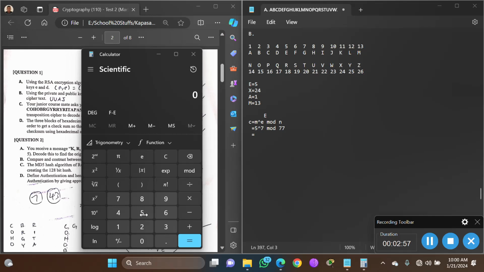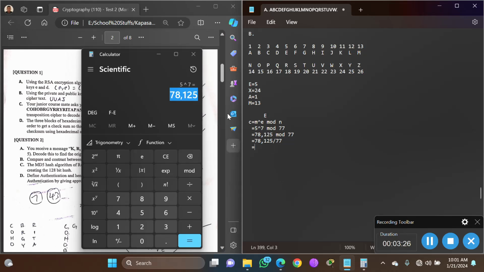So we have 5 power 7, and that's the answer. Then we say mod 77. Mod is the same as dividing by that denominator, where you are just interested in the remainder.